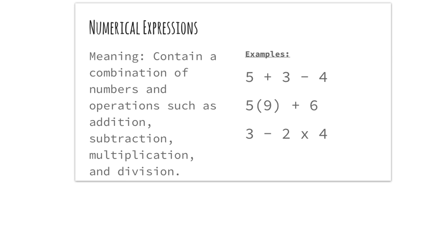If we look at our examples, our first one has 3 numbers and 2 operations. So that meets our definition: a combination of numbers and operations. Our second one also has 3 numbers, and we have a plus sign as one of our operations.